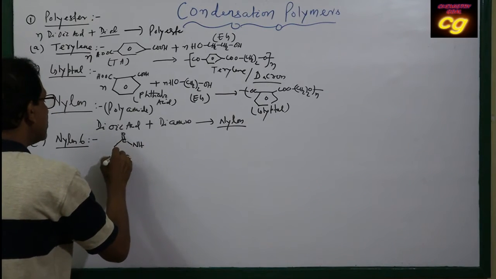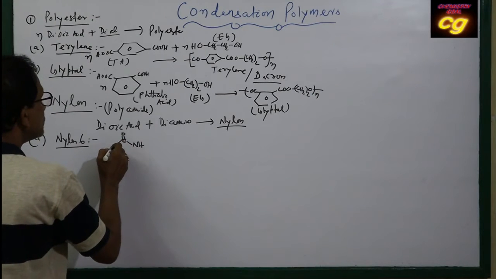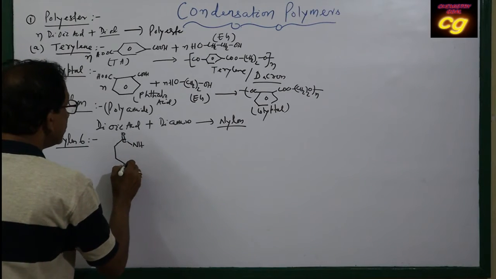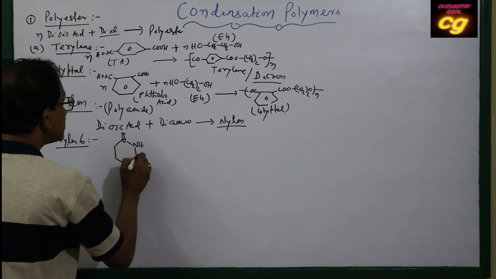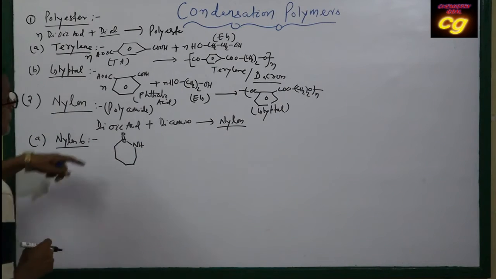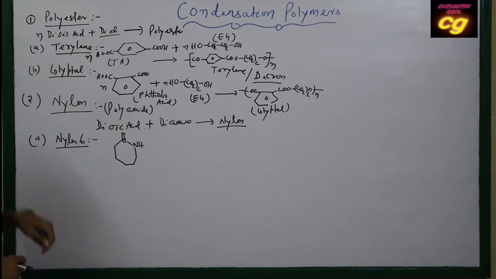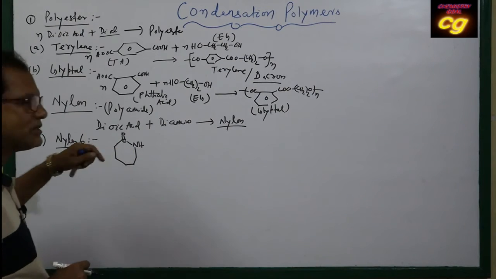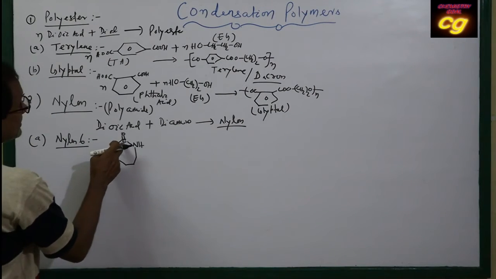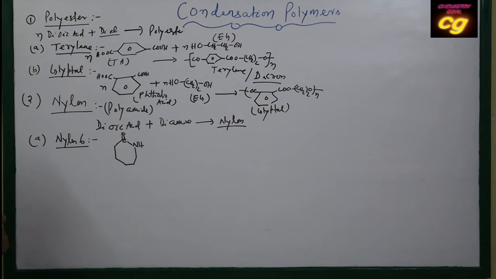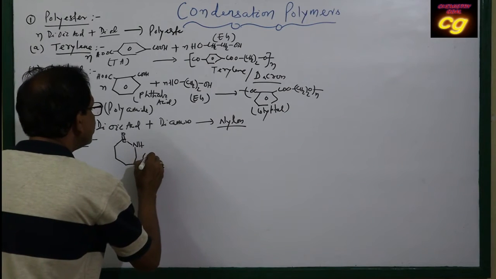You see the structure, 1 2 3 4 5 6 7, that means a 7 membered ring, 7 atoms in the ring. Out of 7 atoms, 6 atoms are carbon, so it is called nylon 6. The 6 stands for the number of carbon atoms. So this is called caprolactam.